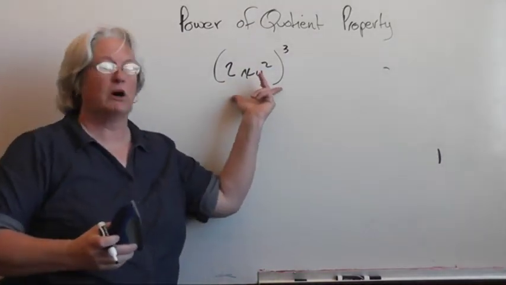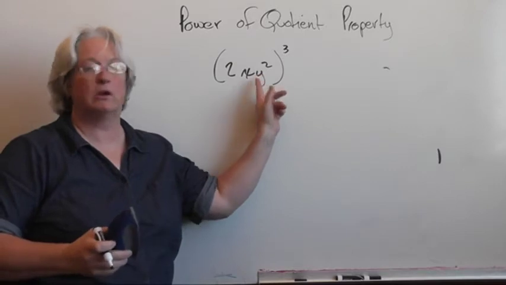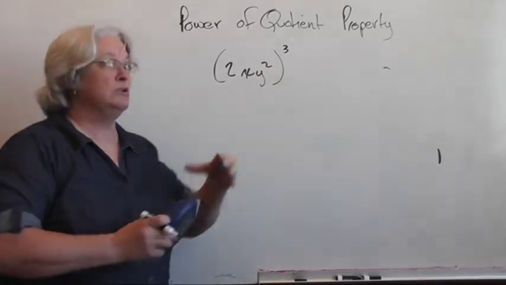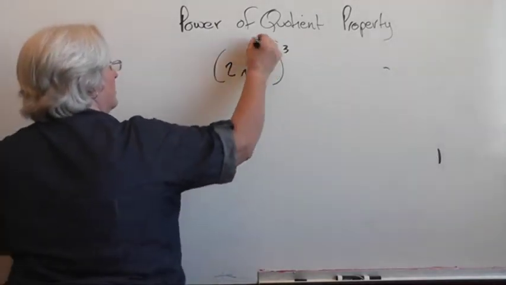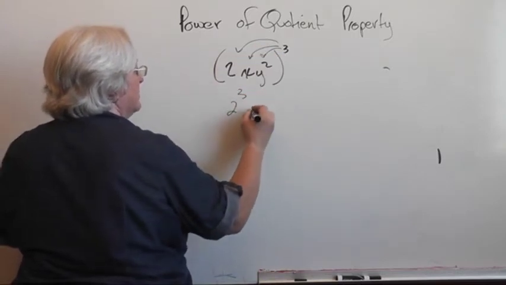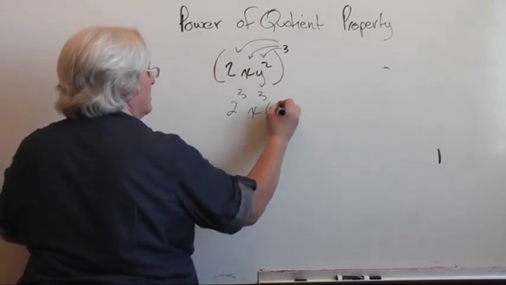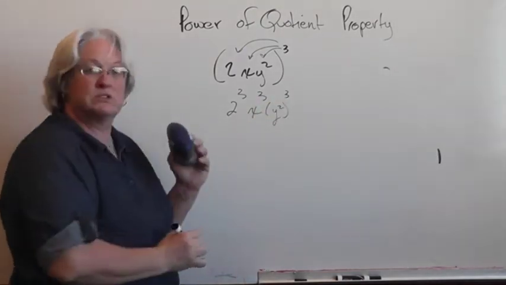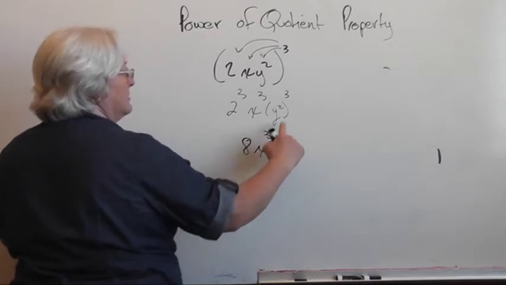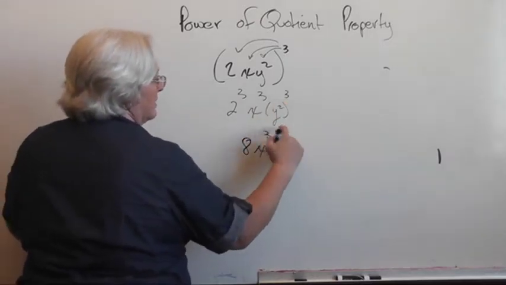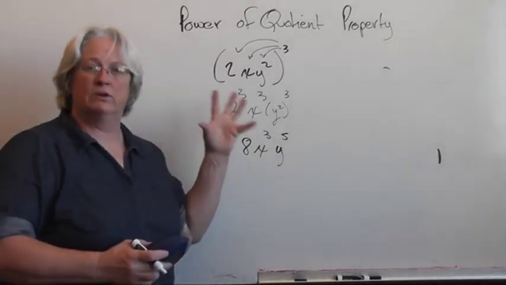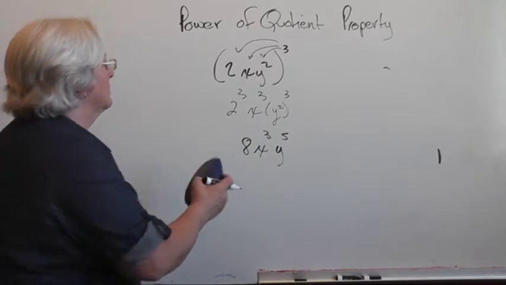You had this product, 2 times x times y squared, raised to the 3rd power, and you saw that this exponent had to work on all of these separate factors in here. So it became 2 cubed, x cubed, y squared to the 3rd. 2 cubed is 8, x cubed, y squared to the 3rd is y to the 6th. This is what you did when you had just the power of a product.